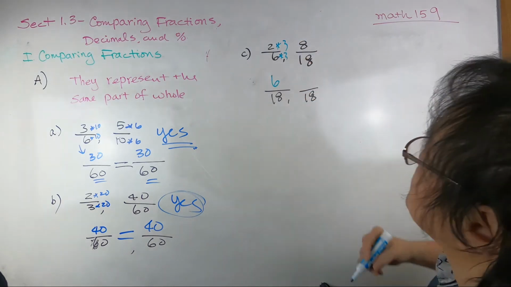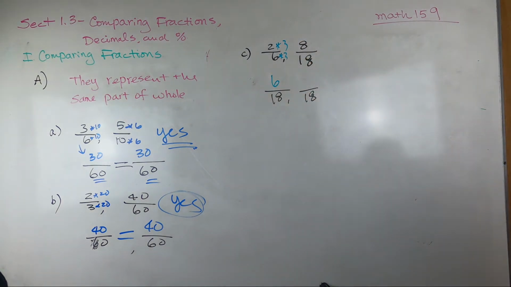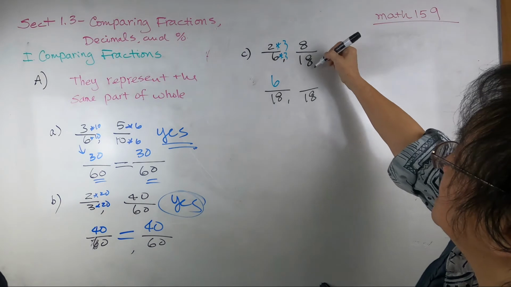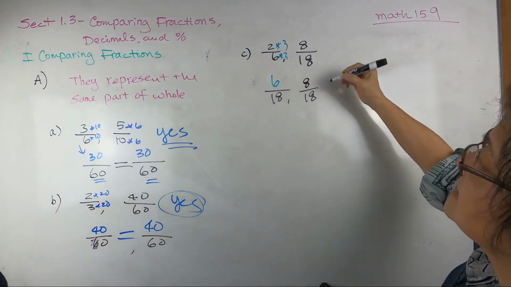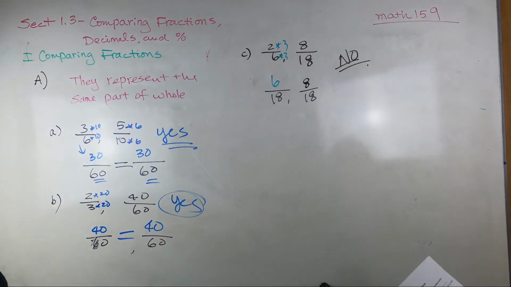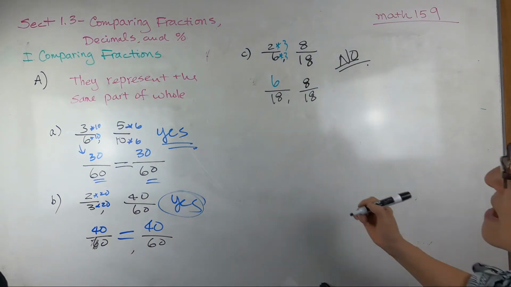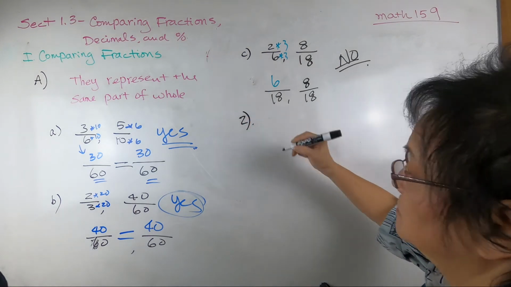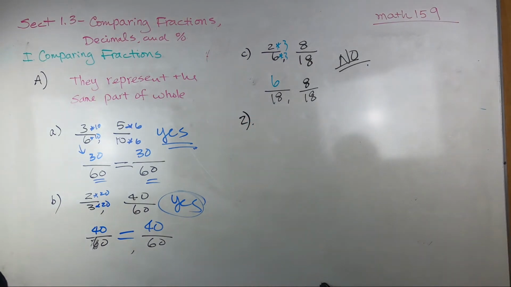So that would be 6/18. The original one is 8/18. Are they the same? No. Okay? That's how you do it. Use the same denominator and cut the same pieces for your pizza. Then you can compare to see if they are the same.